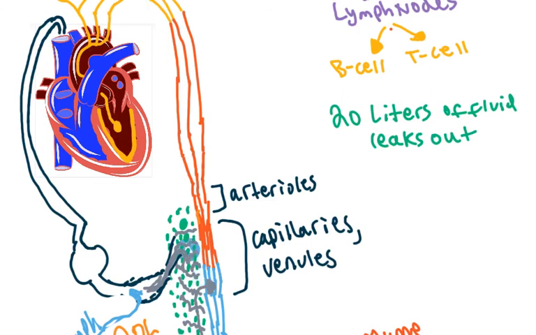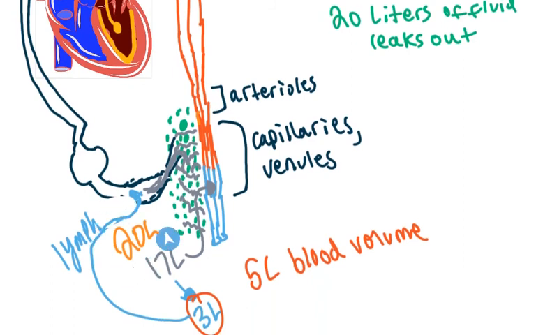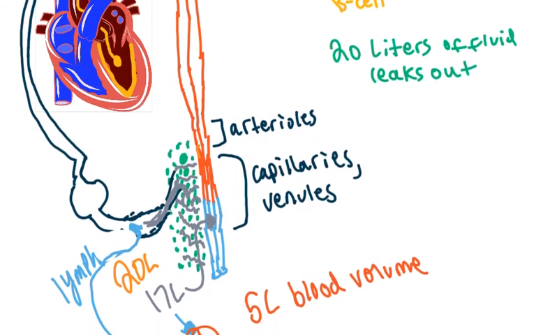And this cycle happens over and over throughout the day. Like we said, throughout the day, 20 liters of fluid is pumped out, but 17 liters is put back in through osmotic diffusion, and 3 of those liters stay outside. However, those 3 liters are put back into the lymph and brought back to the heart. All right, and so that's pretty much it.